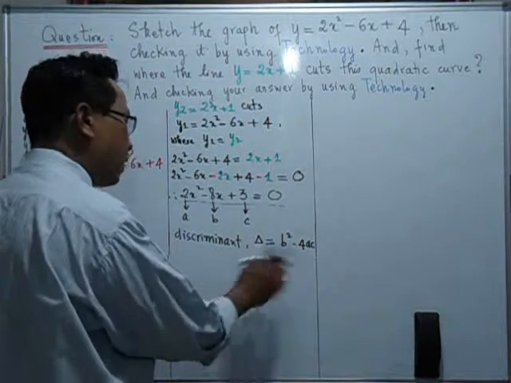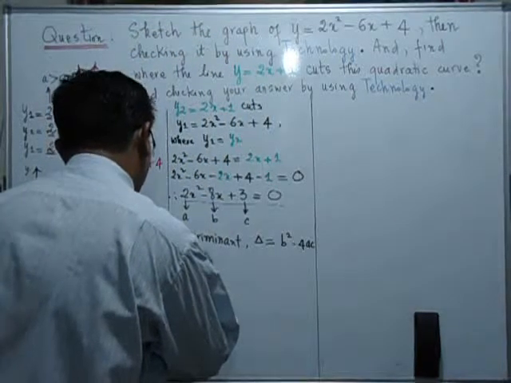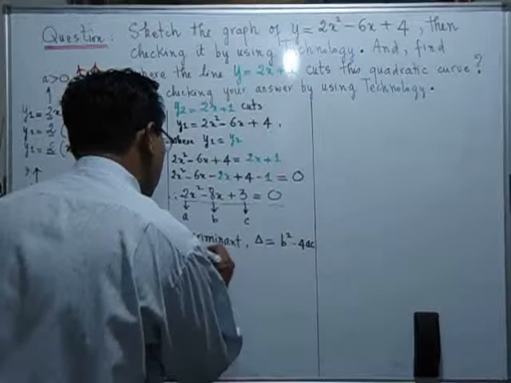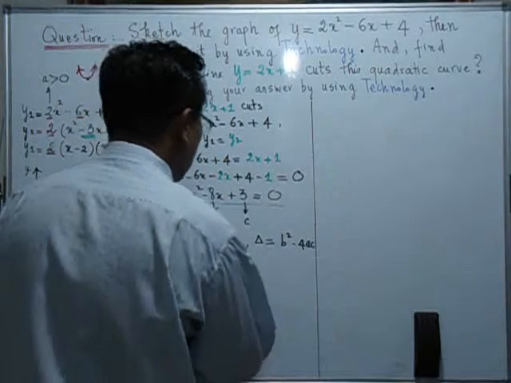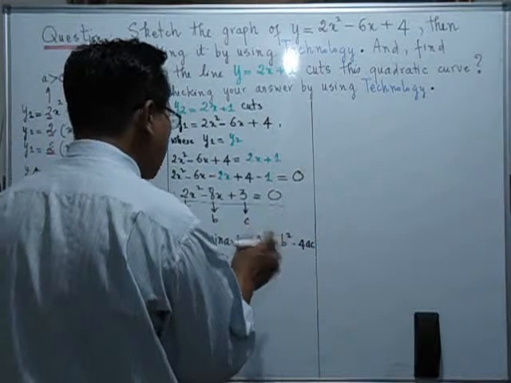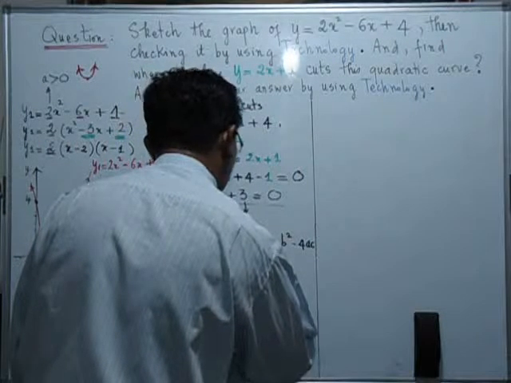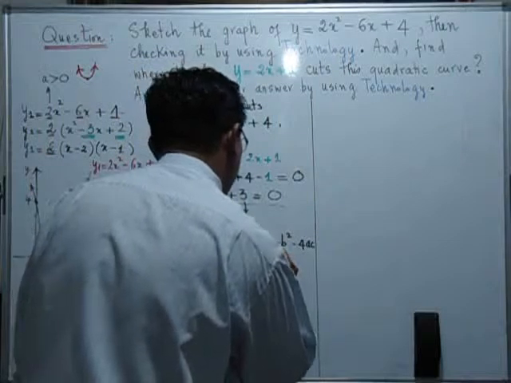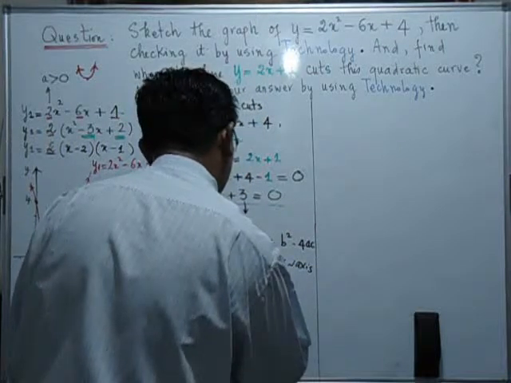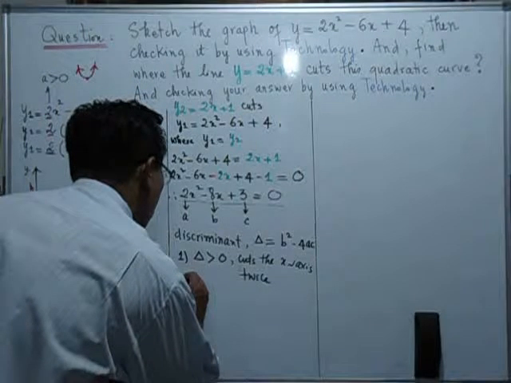We call it the discriminant, and as you know already, we have some cases. 1. When delta is greater than 0, the graph cuts the x-axis twice, like this case. 2.